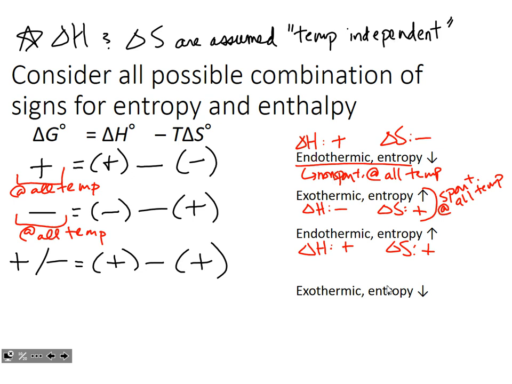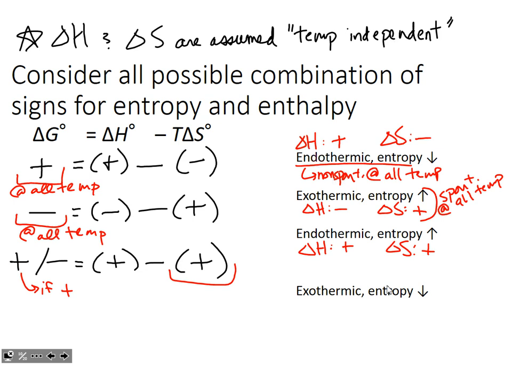We can have a negative or a positive value here. So now it comes down to a question of temperature. If you have a positive minus a positive, when do you get a positive value from that? Well, you get a positive value from a positive minus a positive if that second bit right there is small.